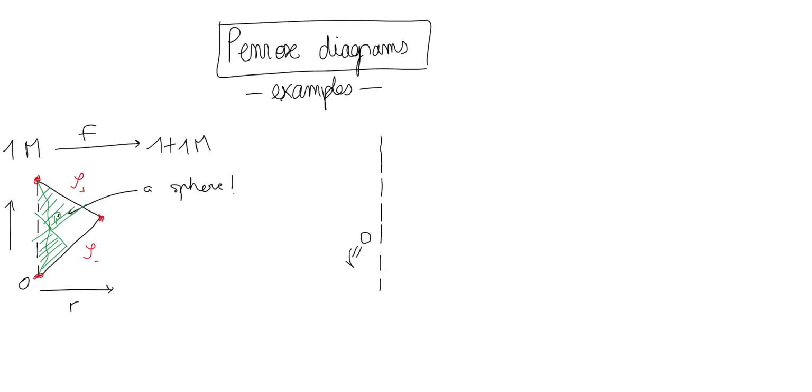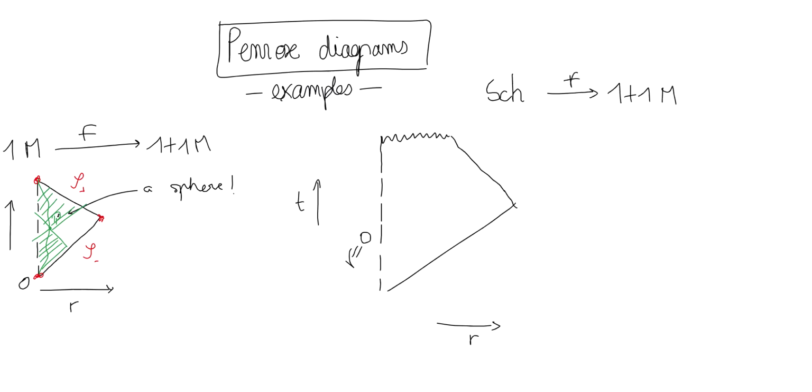Again, we can see time like this and the radial coordinate like this. And that's where the big change is. So this is the mapping of spacetime with a Schwarzschild black hole from a collapsing star. I don't know how to write that. I will just write SCH for Schwarzschild, onto 1+1 Minkowski target space.